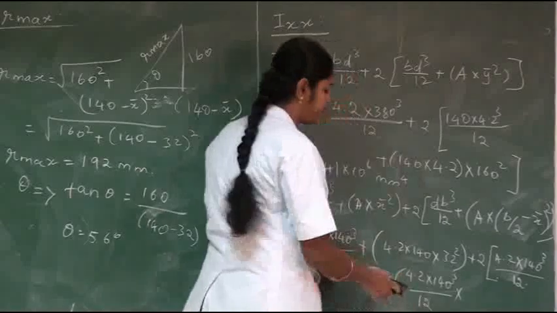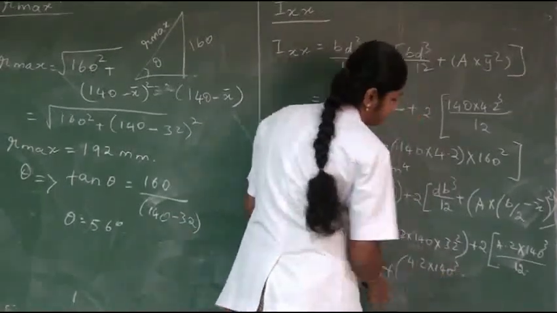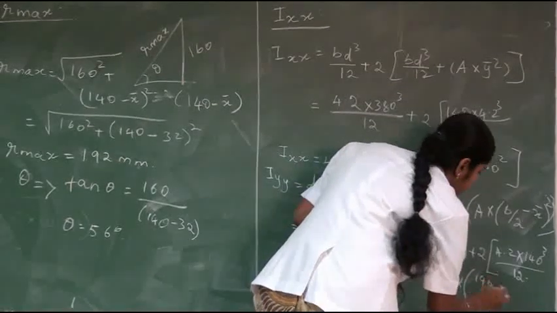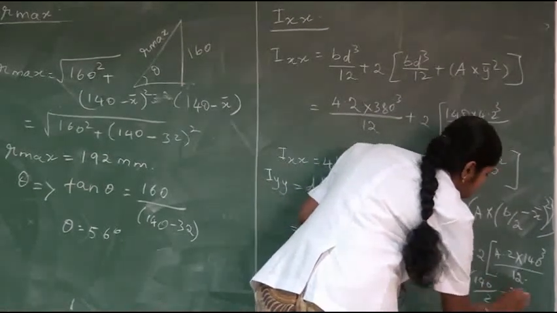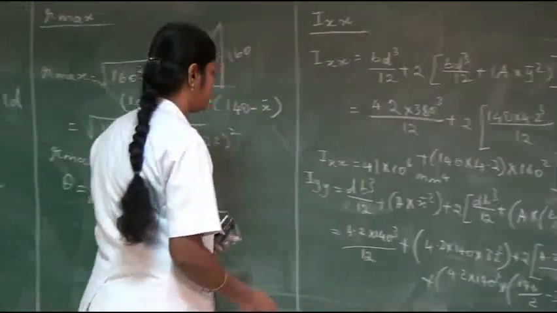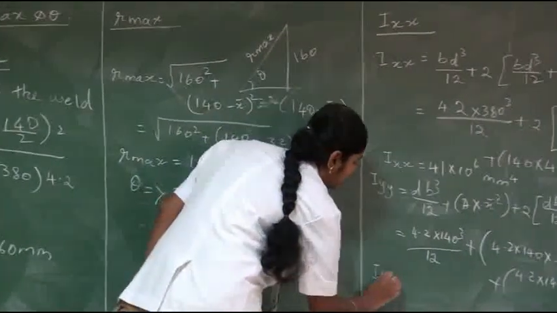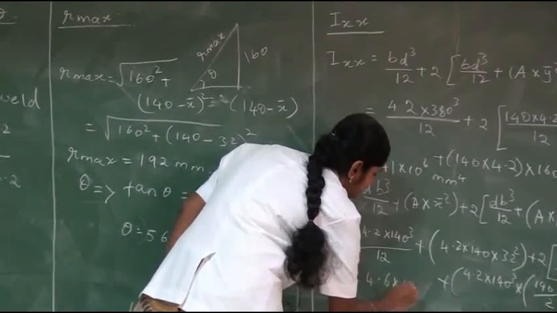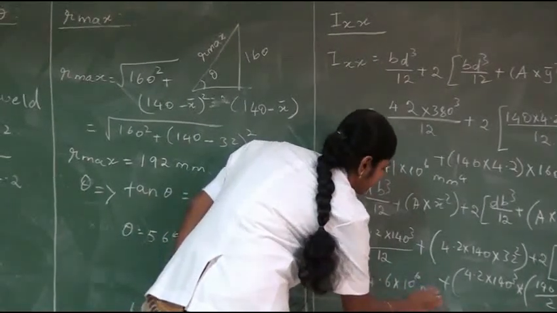Area is 4.2 into 140 into (breadth 140 divided by 2 minus X bar 32) squared. By resolving this we get the answer Iyy is equal to 4.6 into 10 to the power 6 mm to the power 4.